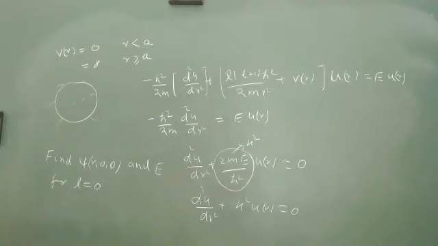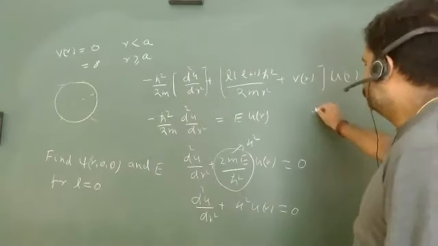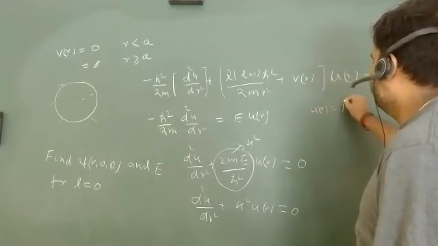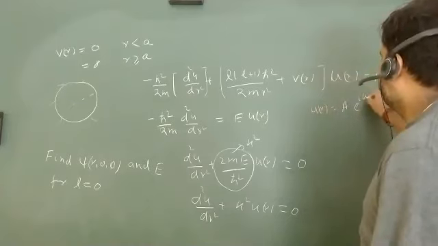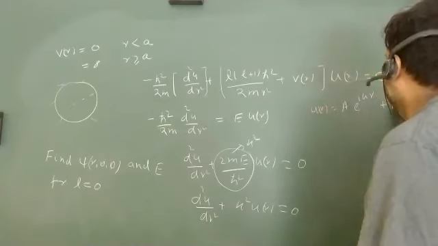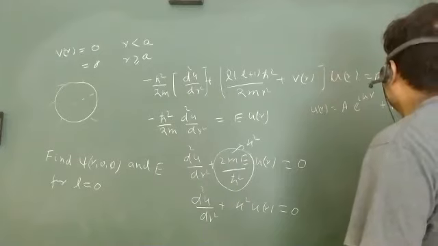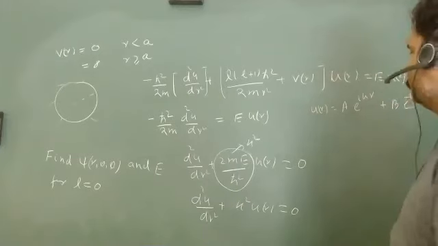What will be the solution? The solution is e to the power ikr plus e to the power minus ikr. u(r) is equal to A e to the power ikr plus B e to the power minus ikr. Isn't it?